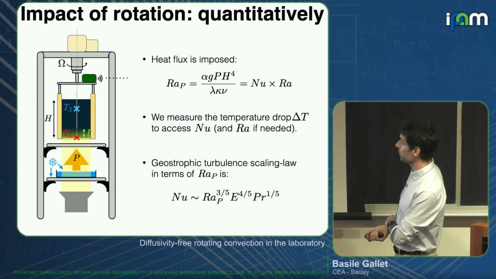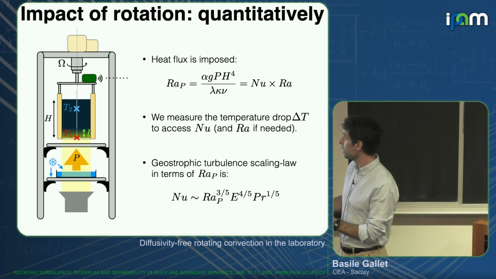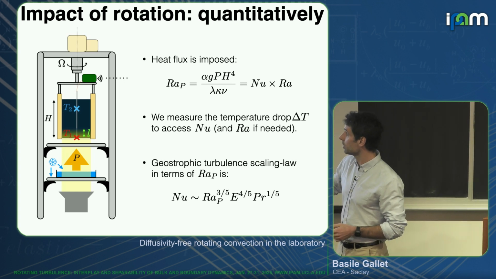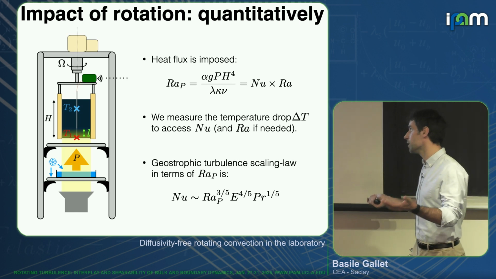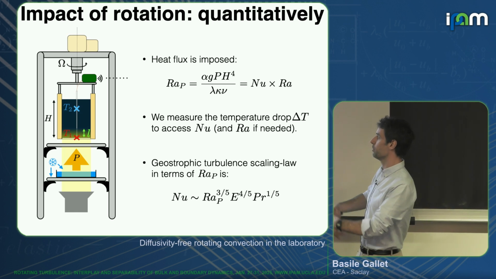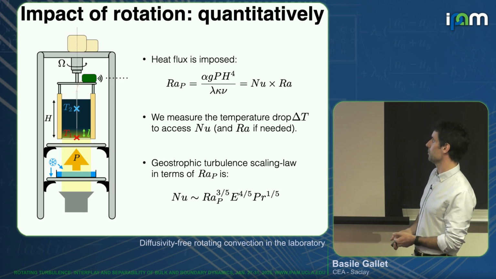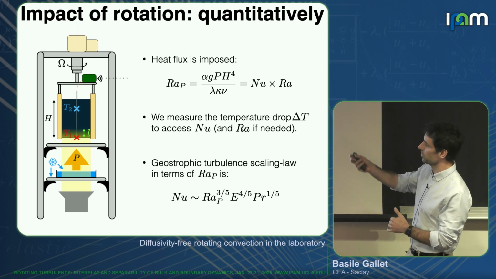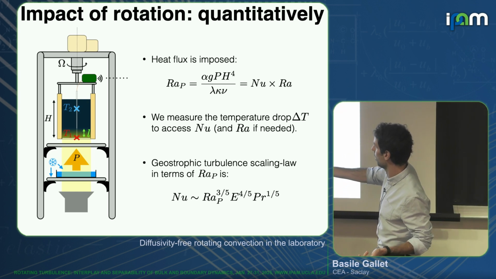Okay, so now quantitatively, what I'm going to do is, in this experiment, what's really imposed is the heat flux, and we're measuring the temperature drop. Usually in standard Rayleigh-Benard convection, the temperature is fixed and you measure the flux. But as in electronics, maybe, where you can fix the voltage and measure the current, or fix the current and measure the voltage, here we're fixing the flux and measuring the temperature drop.